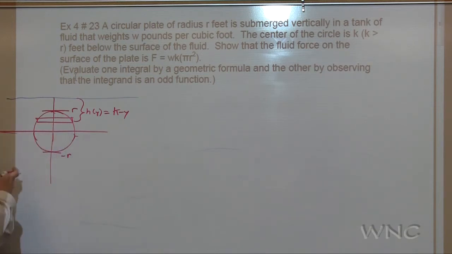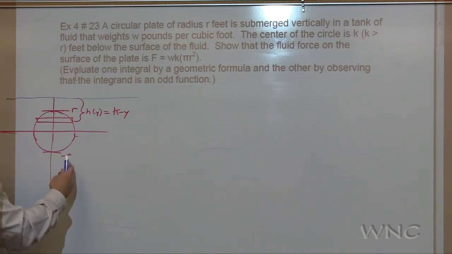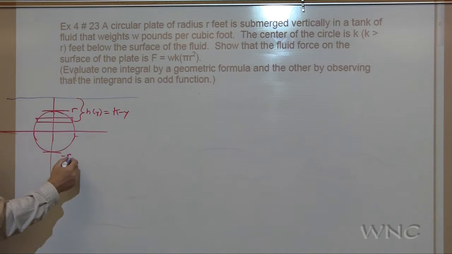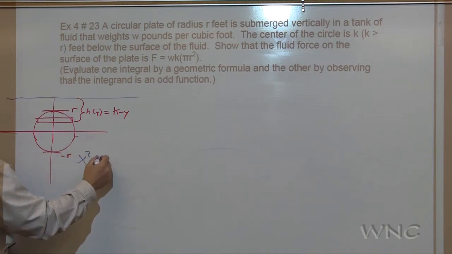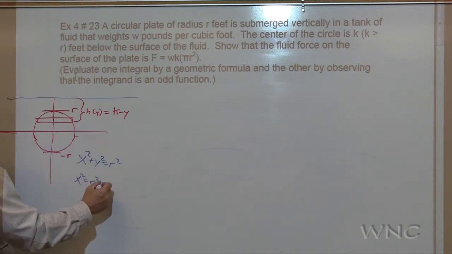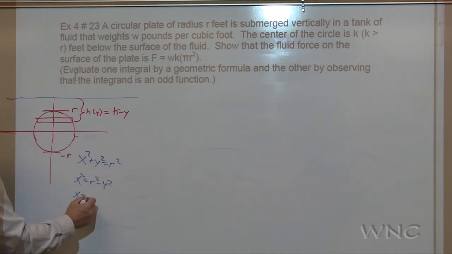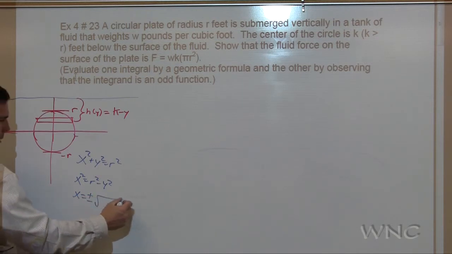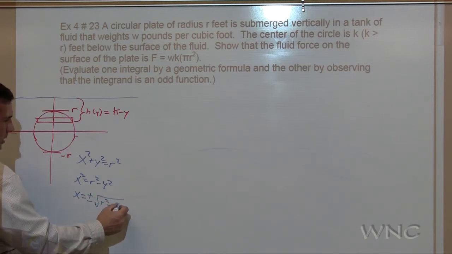Let's think of it this way. We know that for a circle, center at 0, it's x squared plus y squared equals r squared. And we want to solve for x squared equals r squared minus y squared, and x equals plus or minus the square root of r squared minus y squared.